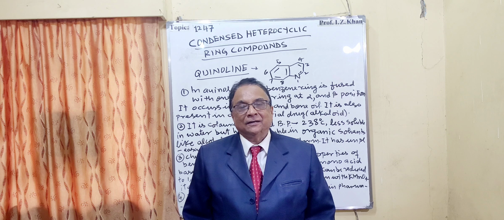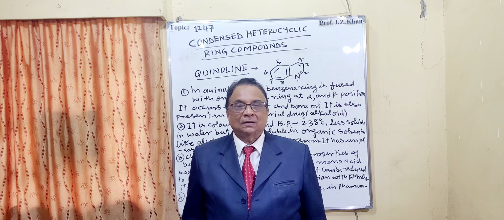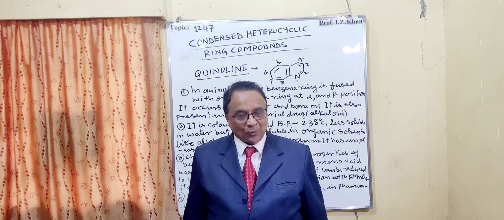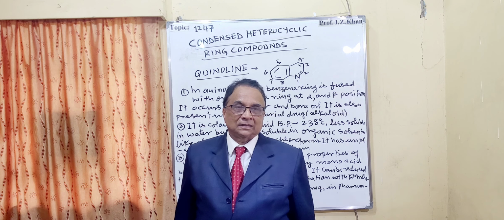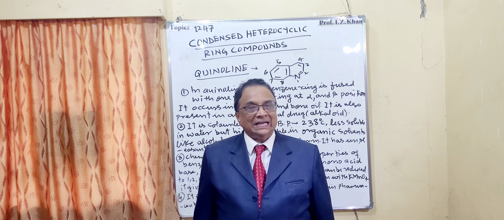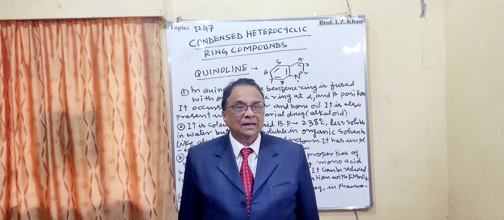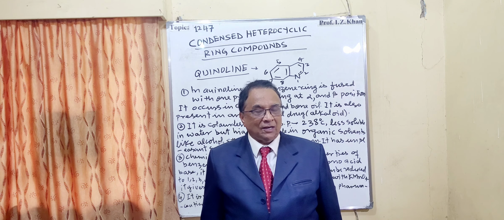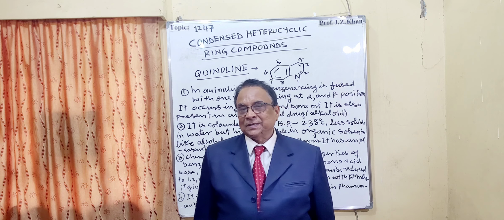So here I have taken quinoline, which is very important from the medicinal point of view. In quinoline, as I have already told you, one benzene ring is fused with one pyridine ring, and that's why it has the properties of benzene as well as pyridine.